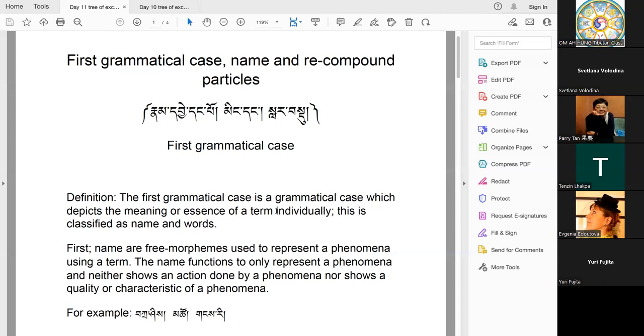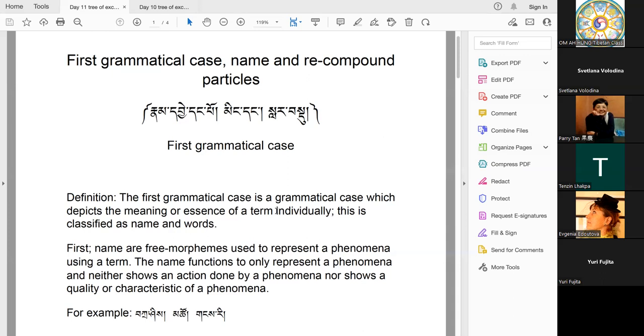Okay, so another important thing. When we talk about the first grammatical case, the first grammatical case has two parts. The first part is the narration. A narration could be either a name or a word. And then the second part is the recompound particle. Whenever we use the first grammatical case, we have the recompound particle always with this.